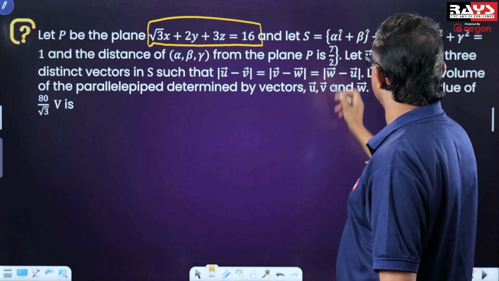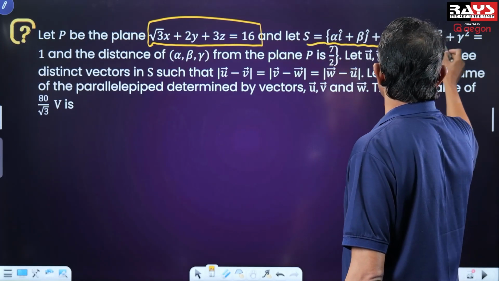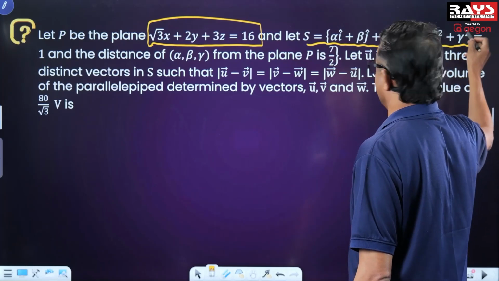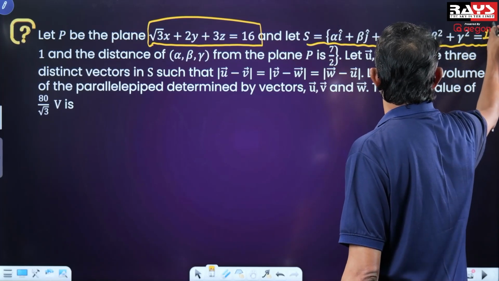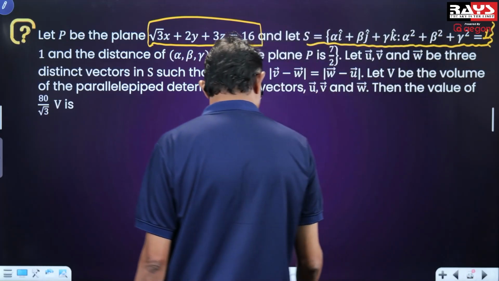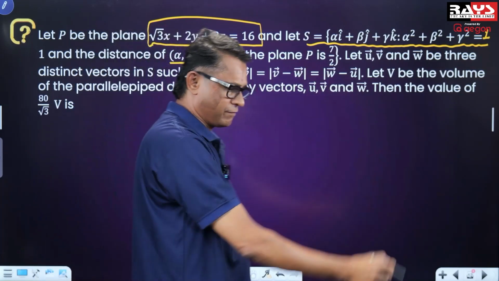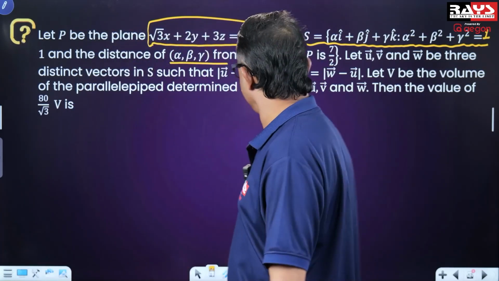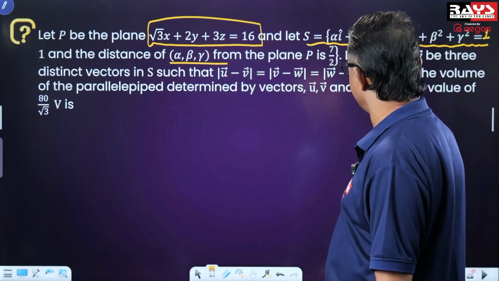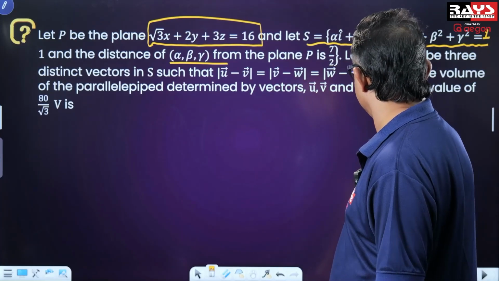And let S equal the set of all alpha, beta, gamma, where alpha square plus beta square plus gamma square is equal to 1, and the distance of alpha, beta, gamma from the plane is 7 by 2.